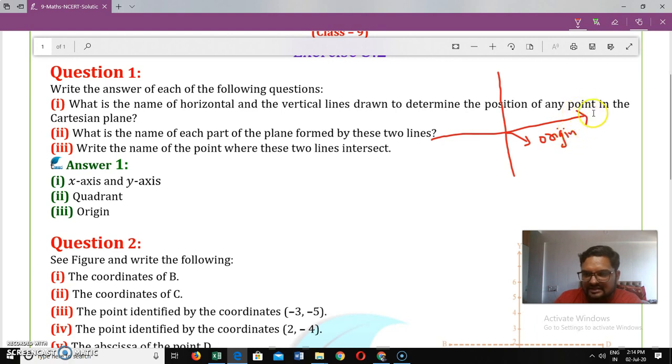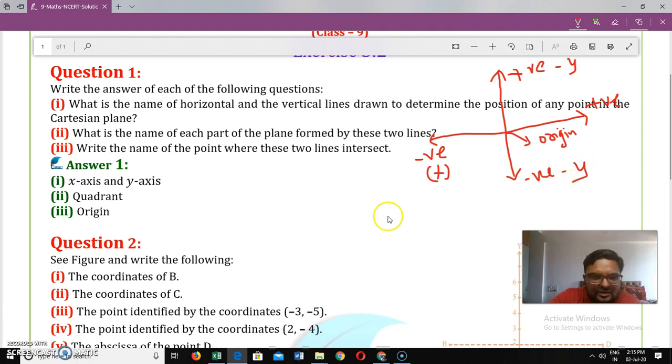On my right hand side this is called positive x-axis, and on my left hand side it is negative x-axis. If I go up, it will be positive y-axis, and similarly if I go down, it is negative y-axis. So they asked what is the name of the horizontal and vertical line. We know that horizontal is x-axis and vertical is y-axis.